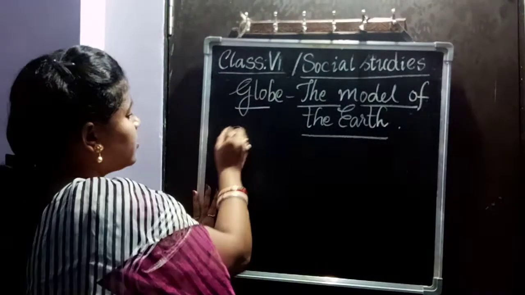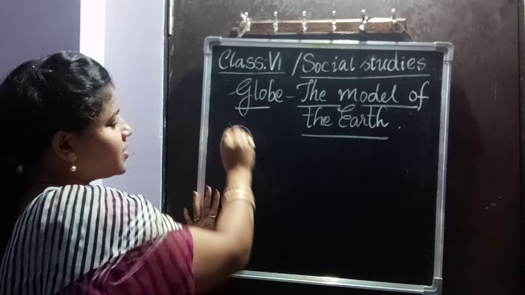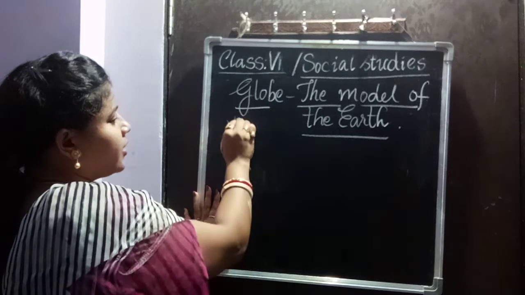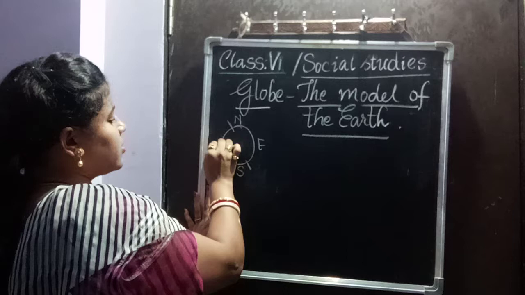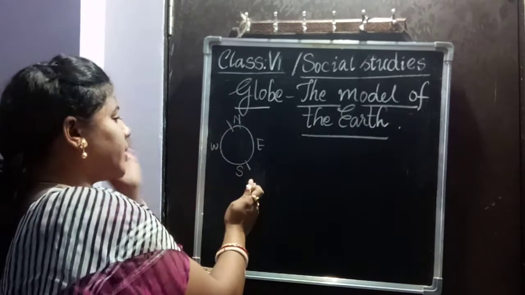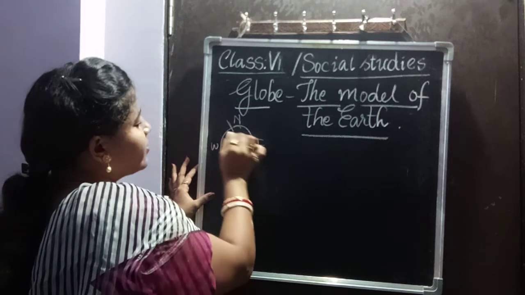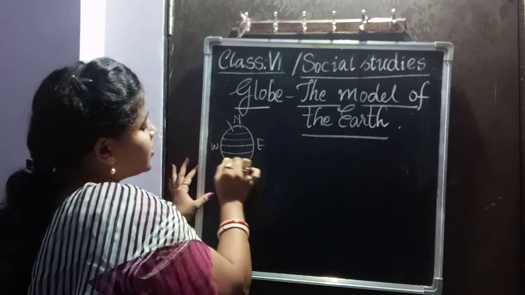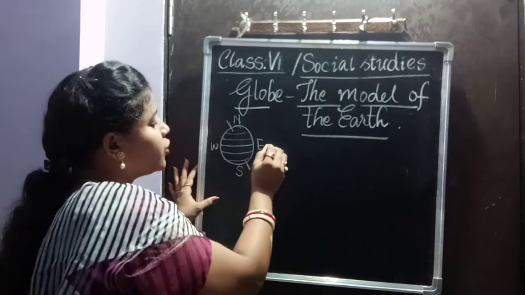For example, if this is the earth, this is the axis, the imaginary line. Here this is the north, here it is south, east and west. The earth is tilted. So we have some imaginary lines, these sleeping or horizontal lines, known as latitudes.